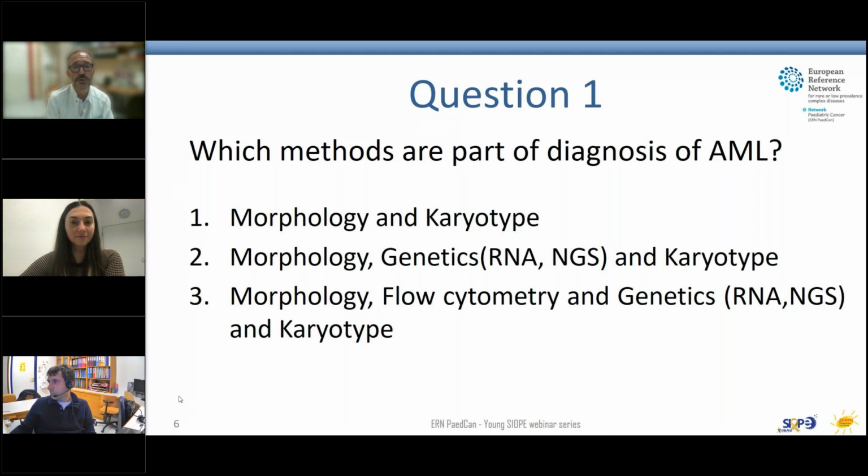And this is why flow cytometry is not only something used in addition to morphology to make diagnosis more clear and more sure, but it's really necessary for the eventual assessment of differentiation. So this is why those who included flow cytometry, the 91%, were correct.